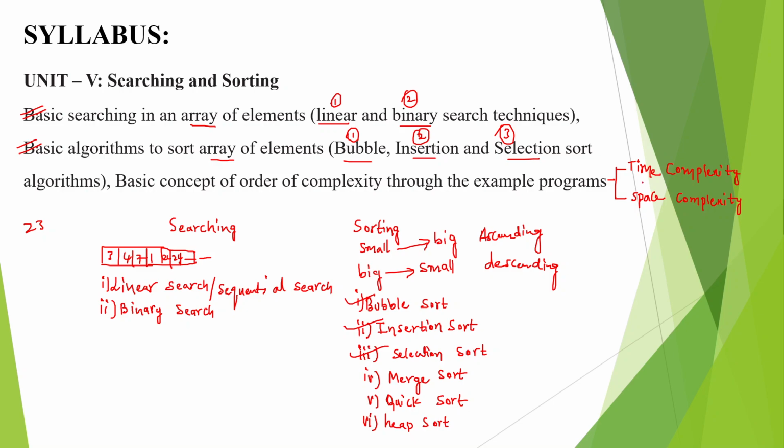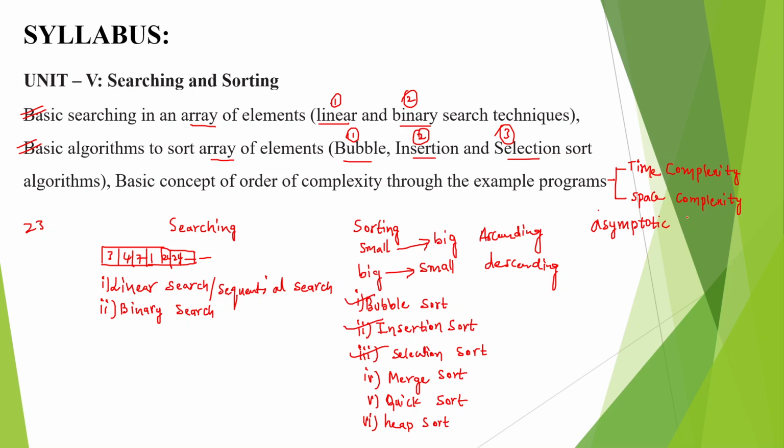To measure these, we have certain notations, which we call asymptotic notations. If you are hearing the term for the first time, it may look somewhat strange or new to you. So the term is asymptotic notations.